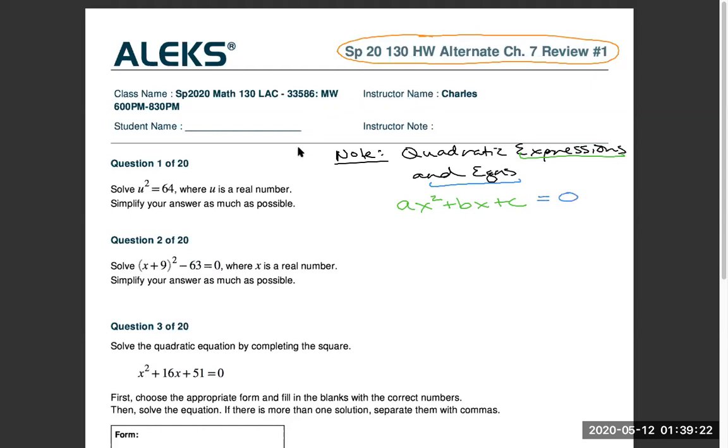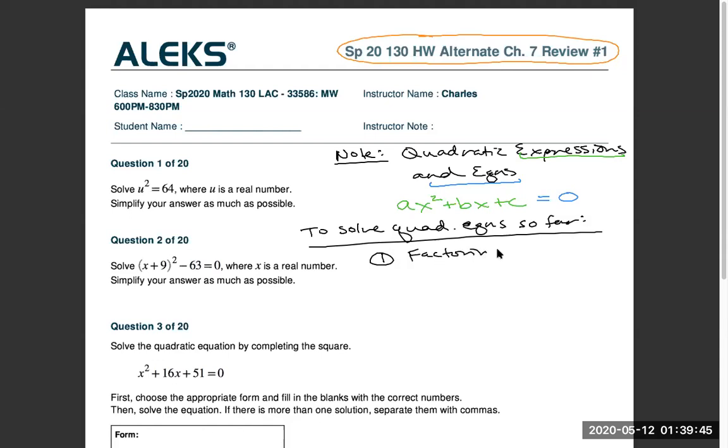Okay, so we have learned a few methods so far to solve quadratic equations. So let's just review those methods first, not in a bunch of detail, but just so that we're on the same page. So we looked at factoring, and those are just for special factorable quadratics.